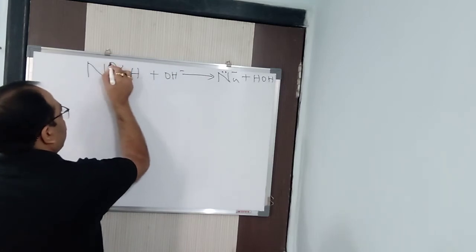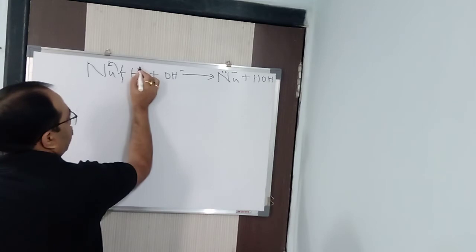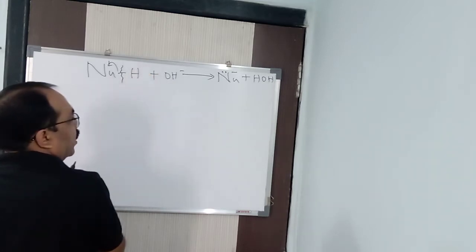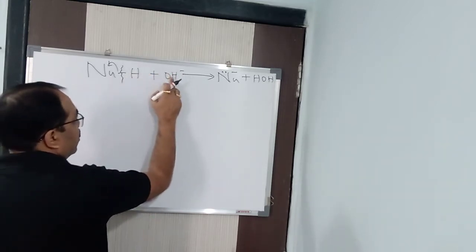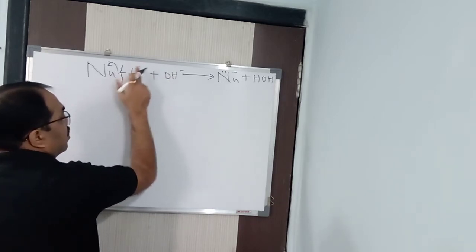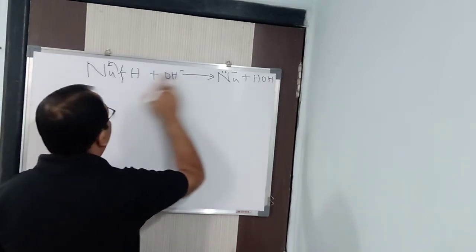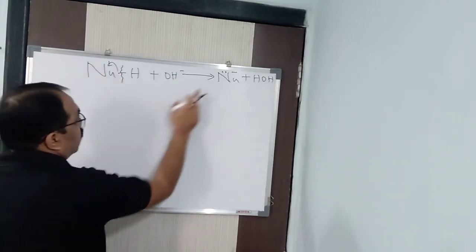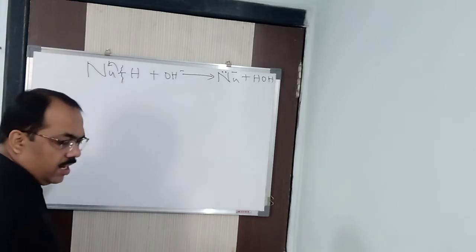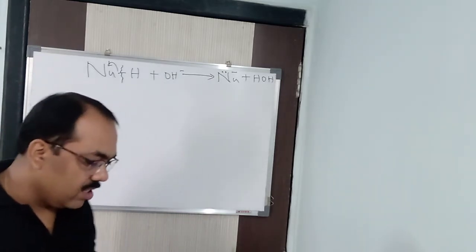How is the cleavage going to take place? This pair of electrons is being pulled by the nucleophile, and hence this H becomes deficient. This deficiency of the H plus ion is being fulfilled by OH minus. H plus and OH minus form water. And as you can see, this nucleophile, as it pulls electrons towards itself, becomes negatively charged.